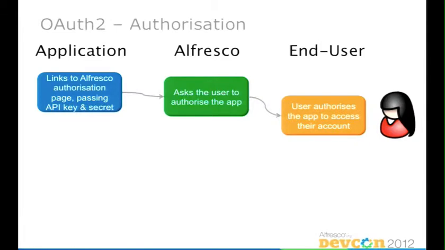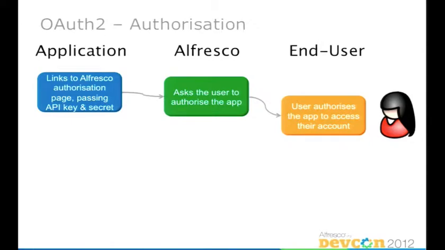So now we're looking at an authorization flow. And the authorization flow is the flow that your application uses when a user is driving your application and asking it to access the Alfresco cloud. The first step up on the left is that you actually link to Alfresco's authentication page and you pass in your keys.